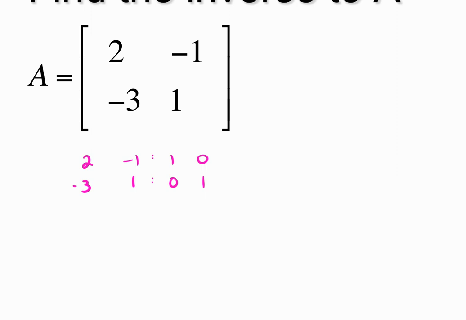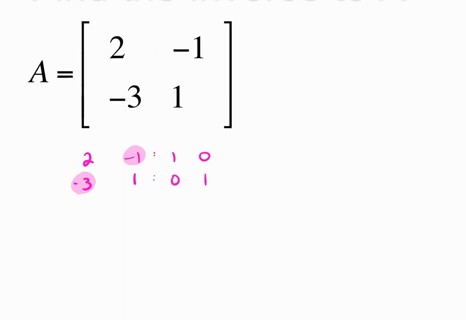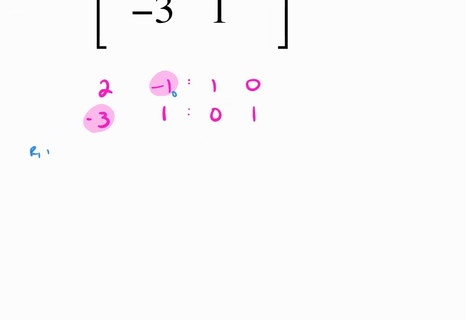Like with your 3 by 3, you always try to get the 1 in the top left. It might be a waste of time here if you can find something else to do. I need a 0 here and a 0 here, and then I can get my 1s. So is there something easy to get right off the bat? The 0 where? In the top right. How do I get that? Add row 1 and row 2.